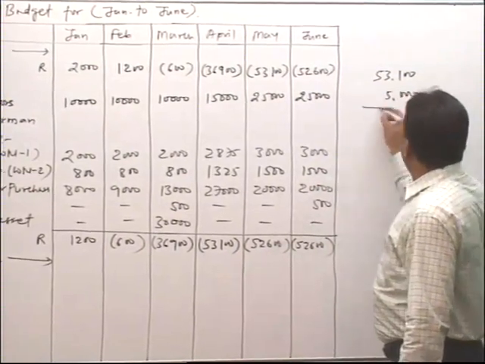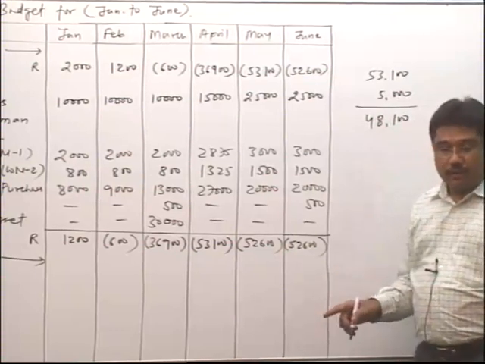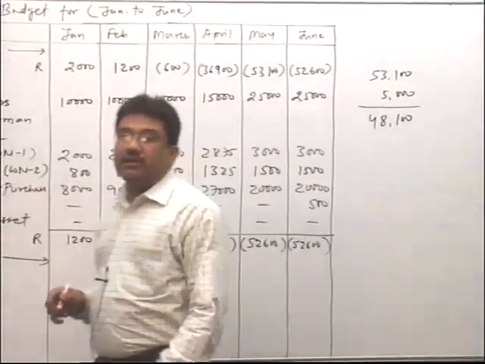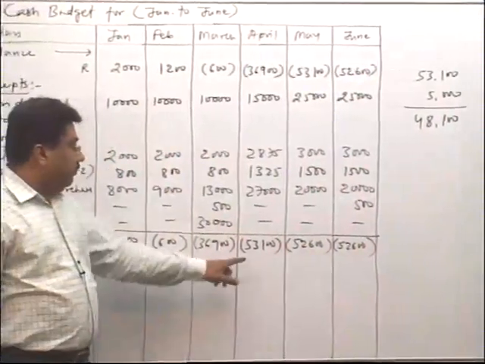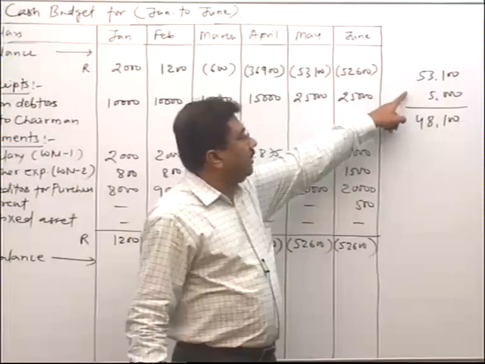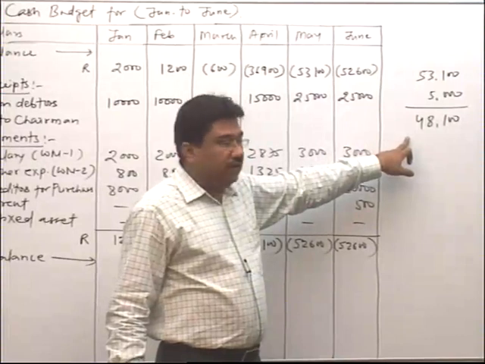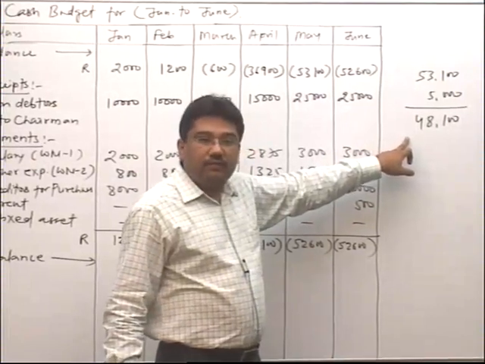So what will be the maximum deficit? It will be 48,100. So during the next 6 months, the maximum overdraft will be 53,100 and maximum OD allowed by bank is 5,000. So maximum deficit which the company will face will be 48,100.